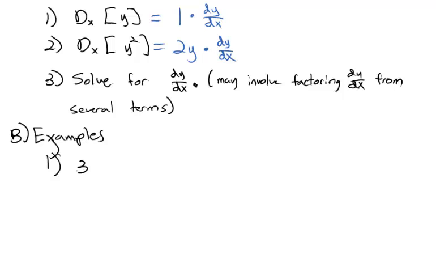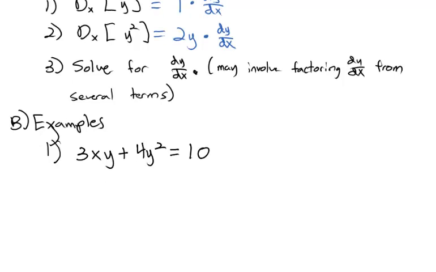The first example is 3xy plus 4y squared equals 10. So this is an equation that connects x and y. They are dependent on each other. So when we take the derivative of both sides, first with the 3xy, we have to treat this now as a product: 3x times y.